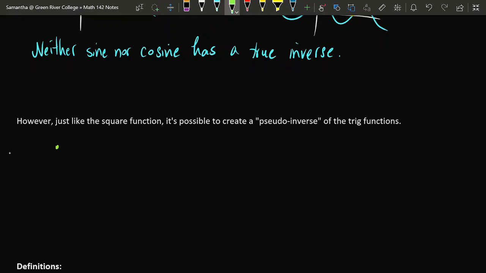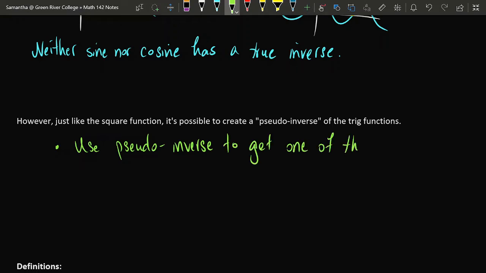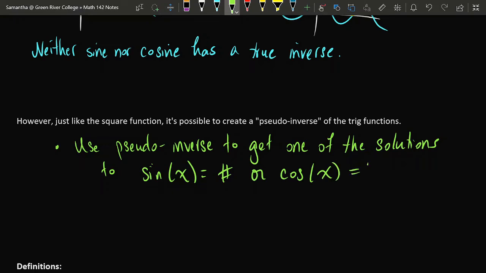Just like with the square root function, we're going to use the pseudo-inverse to get one of these solutions to sine of input equals some number, or cosine of input equals some number.